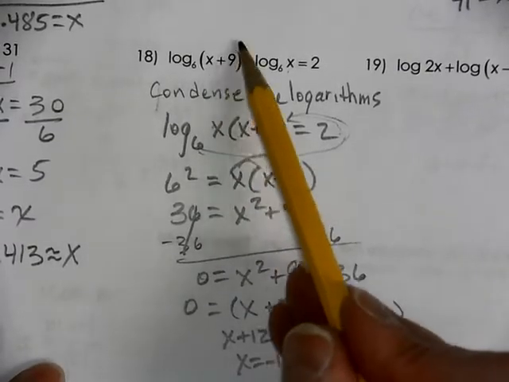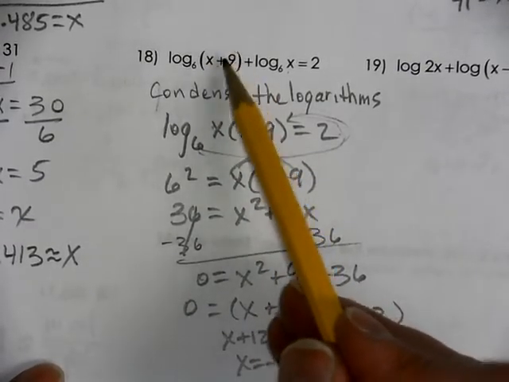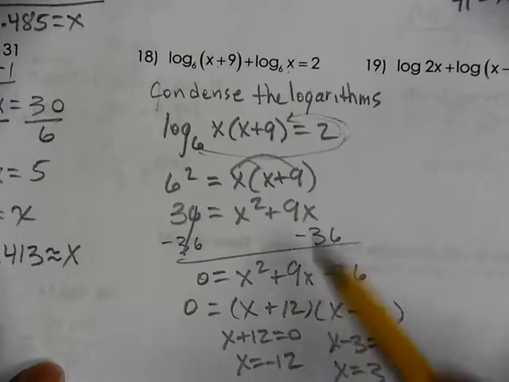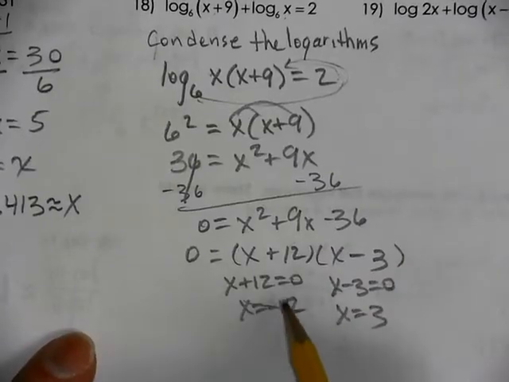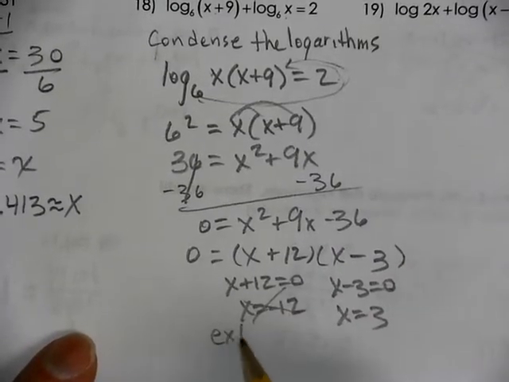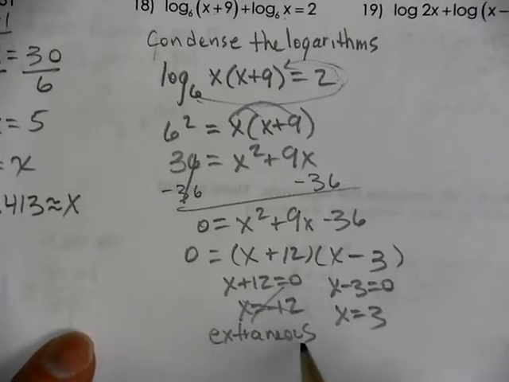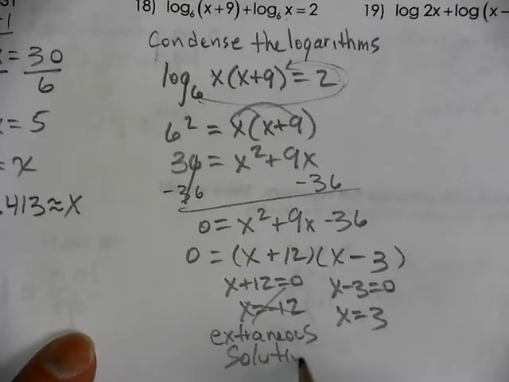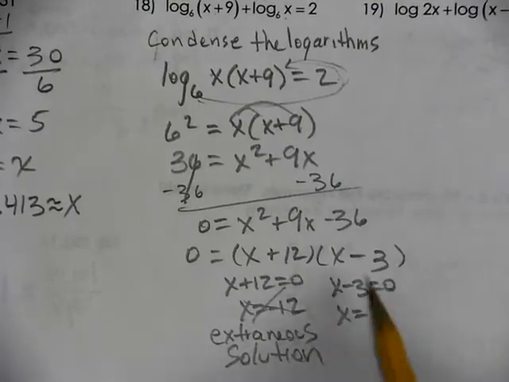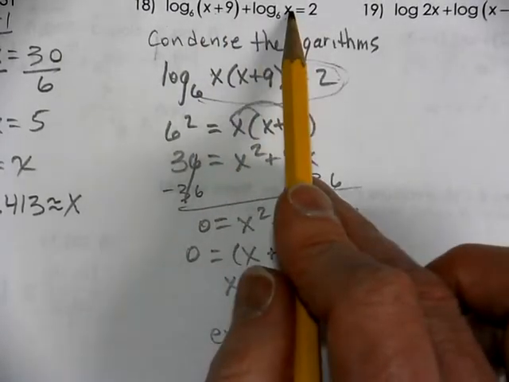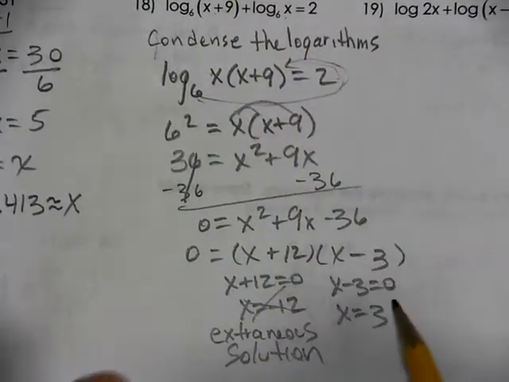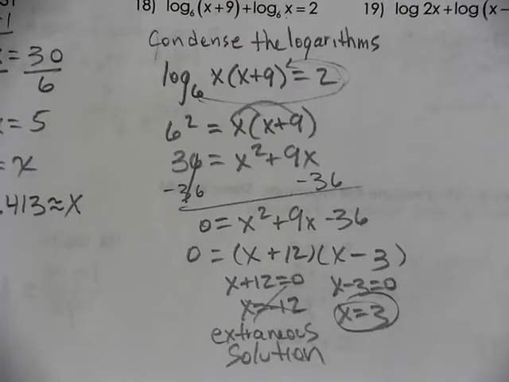So when we plug in a -12, that gives you a -3. That's extraneous. So we make an X on that and say extraneous solution. If we plug a 3 in here, we get 12, we get 3, no troubles with that. So that's our real answer.